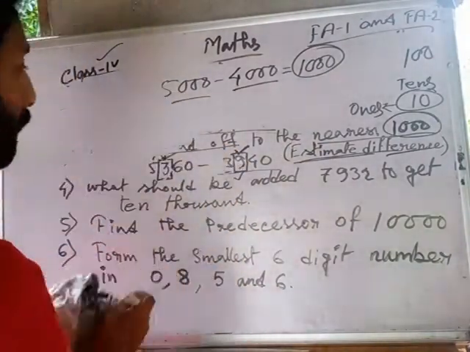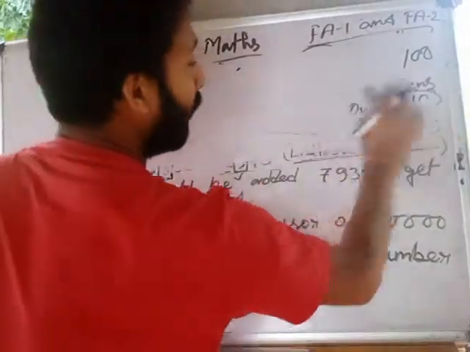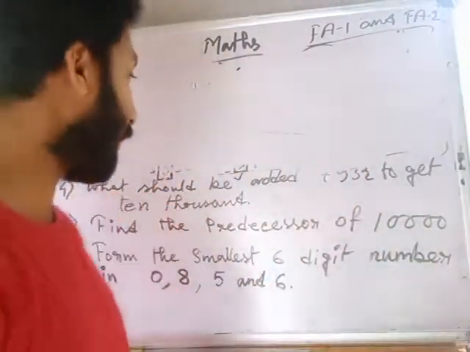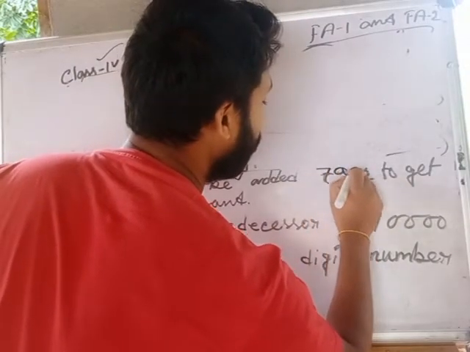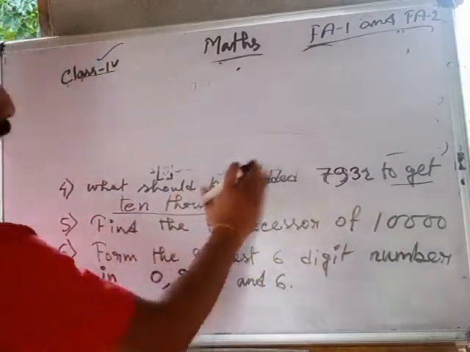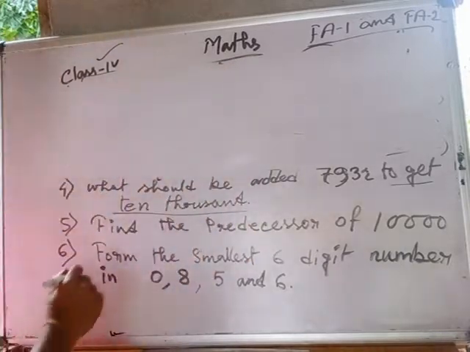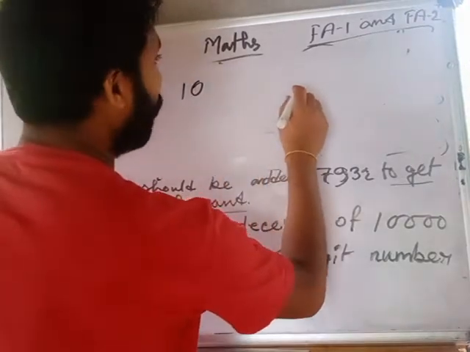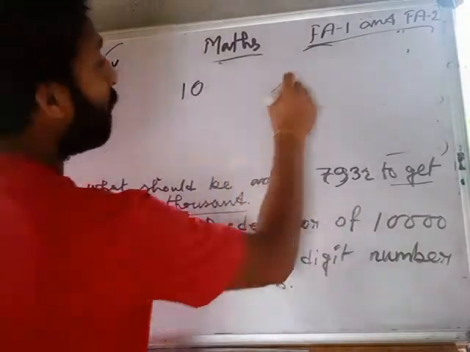Next I will tell you what should be added to get the number. Suppose it is 7,932. To get 10,000, what should be added? Suppose you have 10 chocolates and you want to get 15.